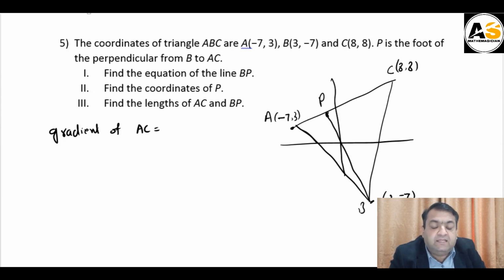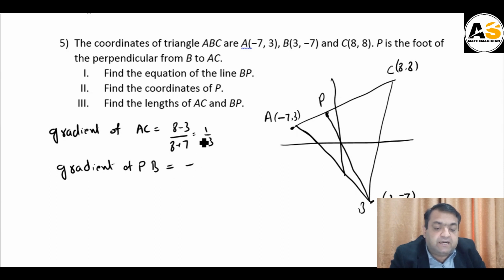So I am calculating the gradient of AC, y2 minus y1 over x2 minus x1, 15 by 15... 5 by 15, 1 by 3. So what is the gradient of PB, which we are going to use for the equation? PB is perpendicular to this, so its gradient will be minus 3. And PB passes through the point (3, -7).